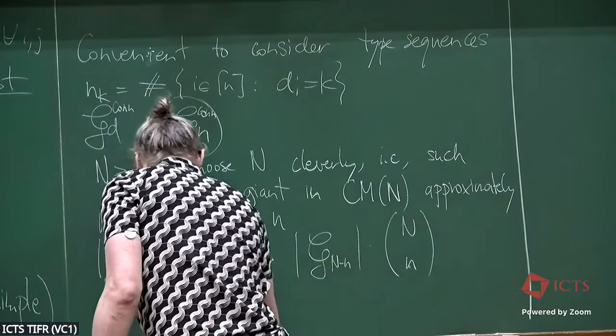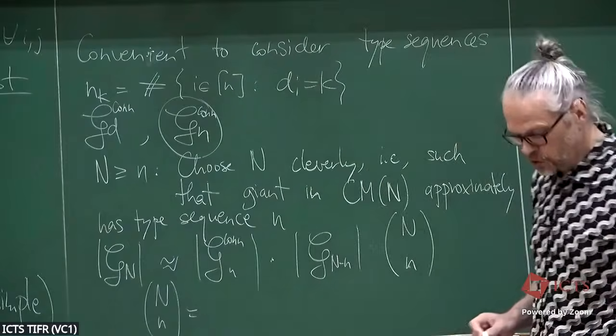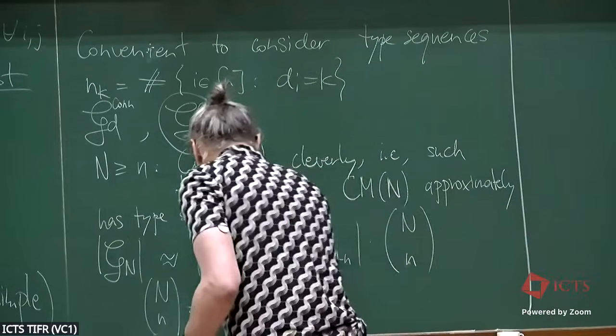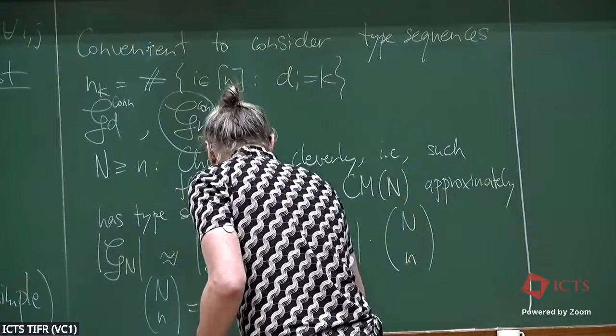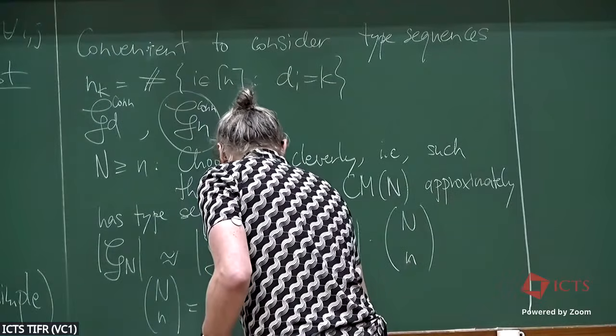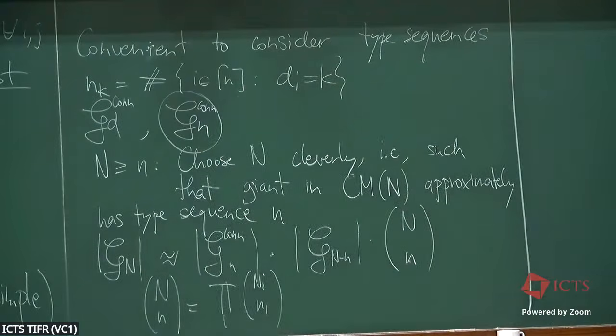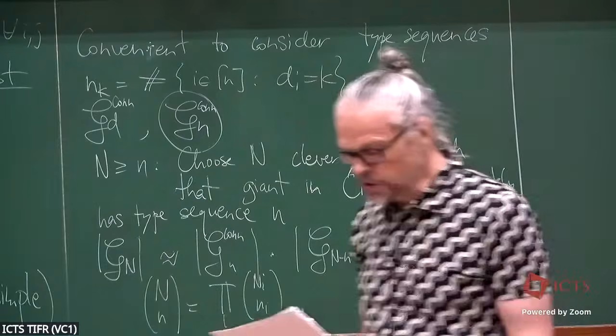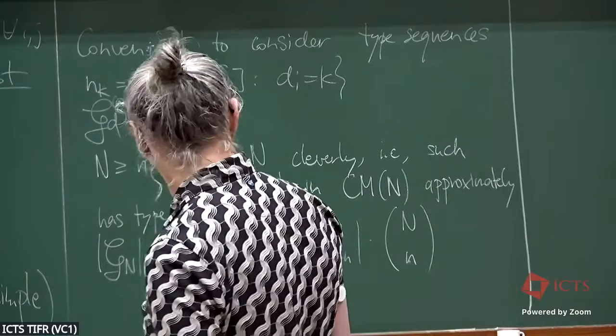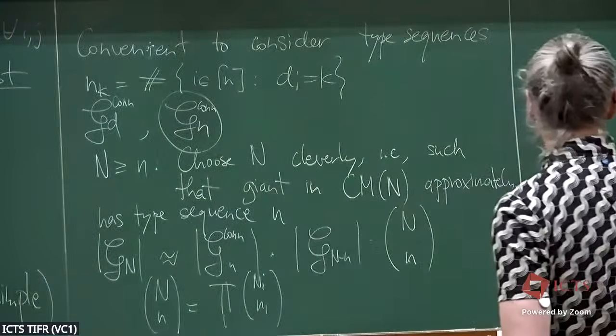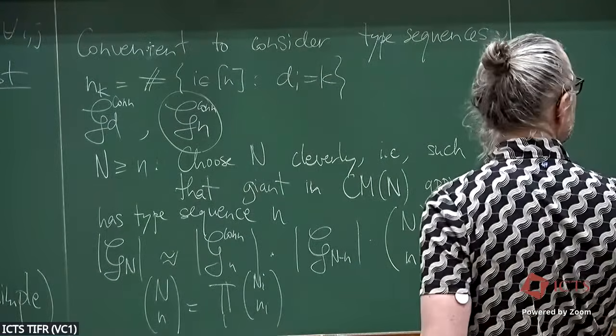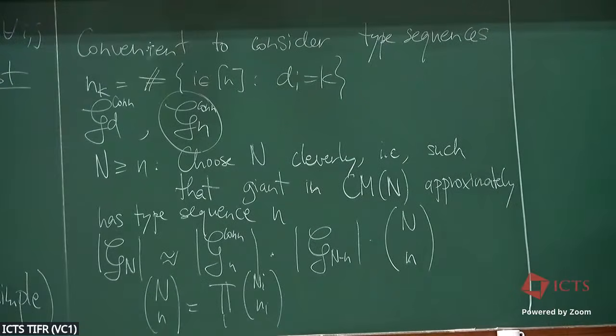I don't have bold-faced chalk, unfortunately. But this is just a product of normal binomial coefficients. So this basically counts the number of ways how you can choose the different subcollections. Okay?